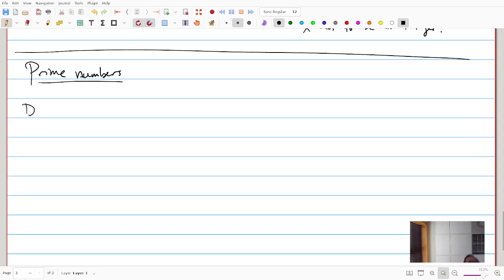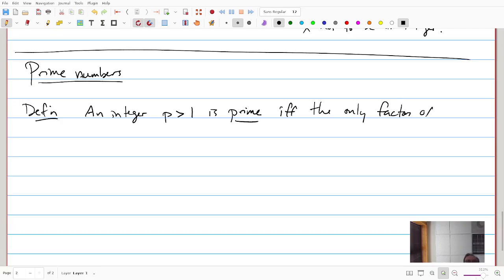So, what is a prime? An integer p greater than 1 is prime if and only if the only factors of p are 1 and p. And you've probably seen a definition like that before.